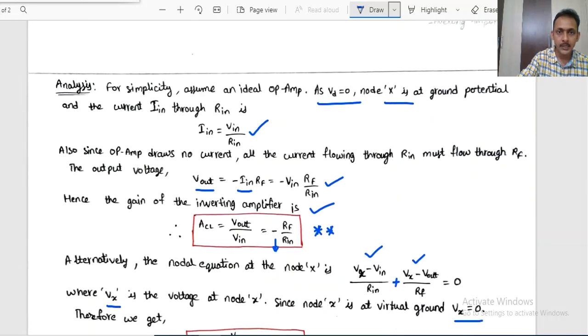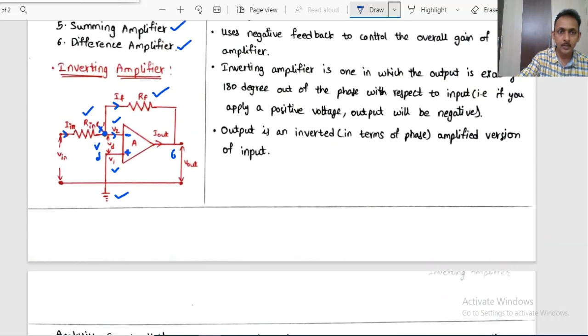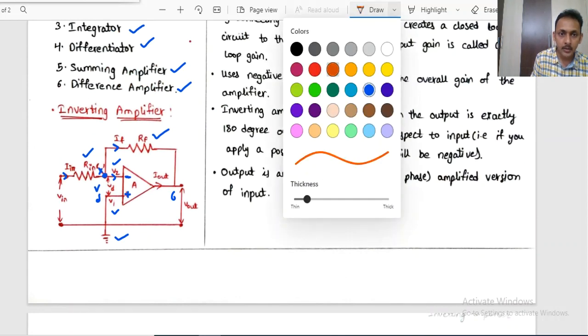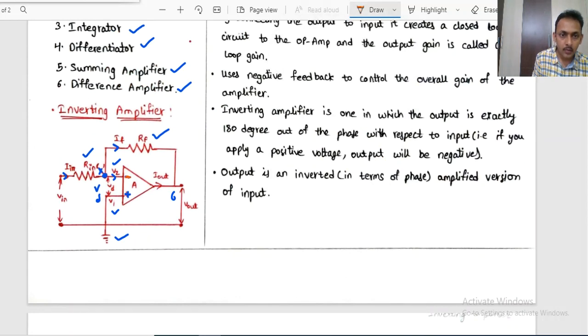Out of this entire discussion, the key point is that here we connect a feedback resistor RF from the output to the inverting negative terminal of the op-amp.